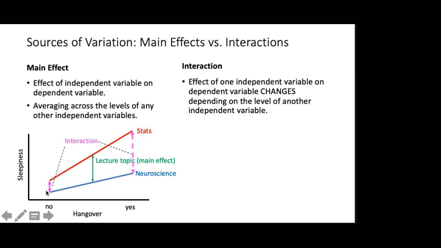Then this difference between yes and no would be our main effect of hangover. And this difference in slope of the lines means the hangover has a smaller effect for neuroscience than for stats. That is what defines the interaction.